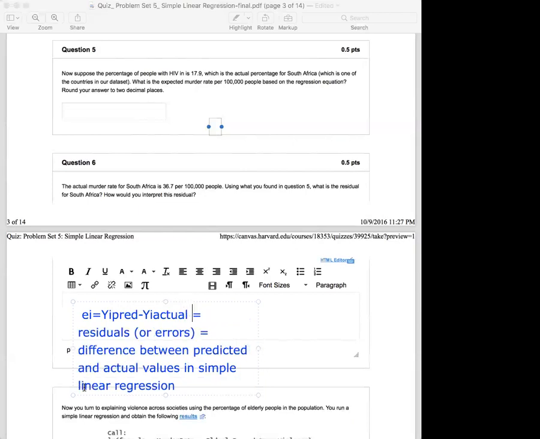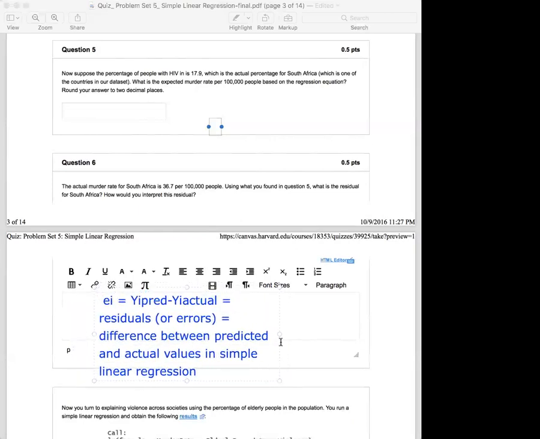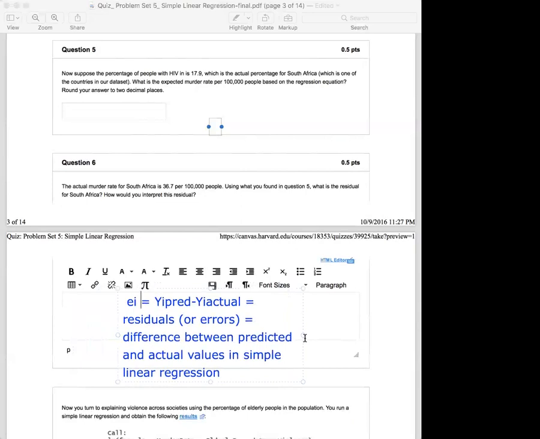So we're basically asking you to do some simple math here. Behind that simple math, of course, is something a little more conceptually complicated, or perhaps less intuitive. It's really the idea that for every value between our x variable and our outcome variable, we can difference the predicted value and the actual value to determine each residual.